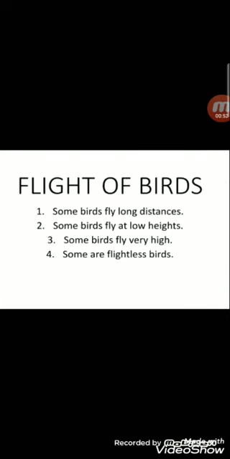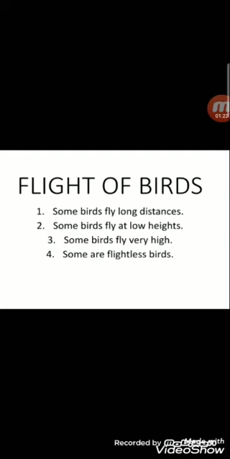Next we learn flight of birds. First point, some birds fly long distances. It means there are a few birds who travel from one country to another country to avoid unfavorable conditions, and in search of a good climatic condition or favorable condition, they move to different countries. Next point, some birds fly at low height.